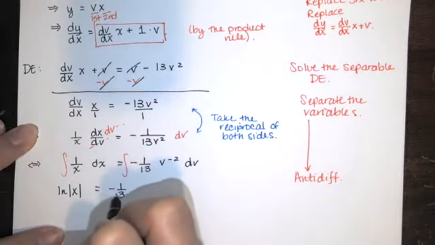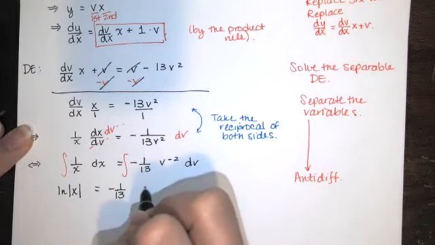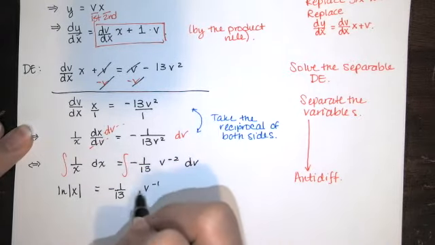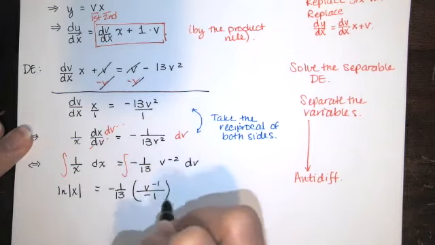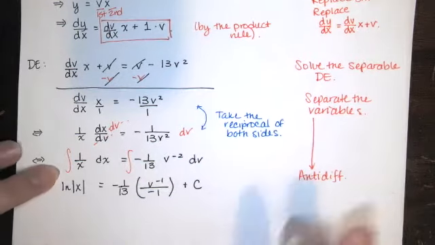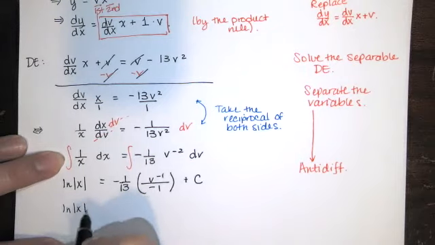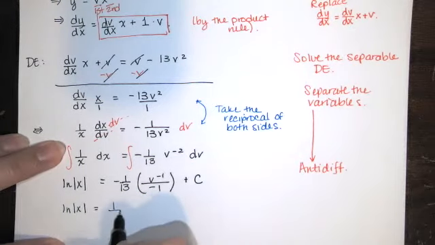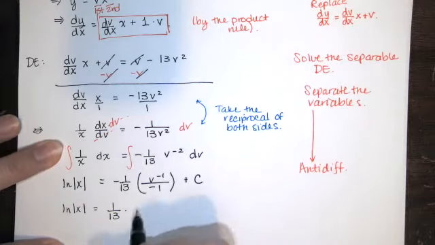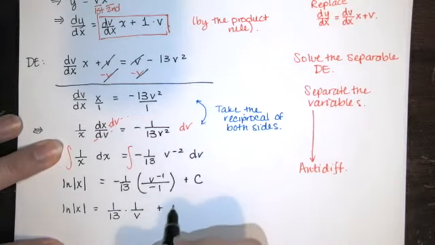Then we bring the negative 1/13 down. Then here we're going to add 1 to the exponent and then divide by the new exponent. Don't forget to add c. And of course, dividing by negative 1 is the same as multiplying by negative 1. So we have actually positive 1/13 times v to the negative 1, which is 1 over v plus c.